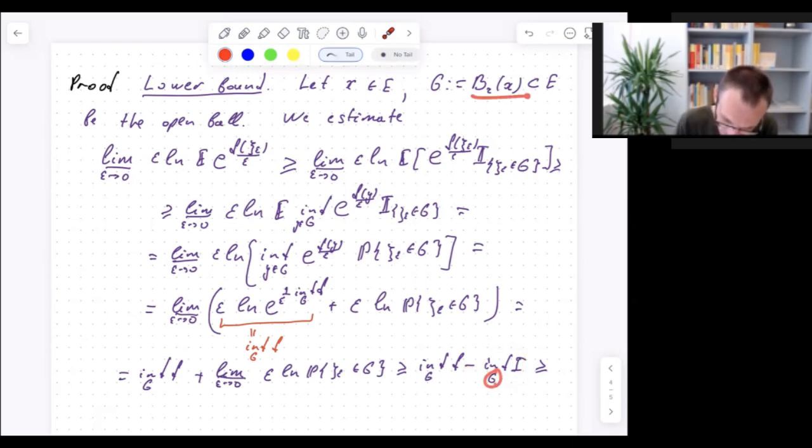But the set g is a ball with center at point x.